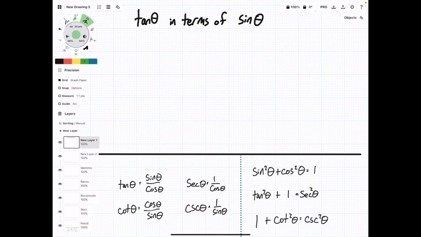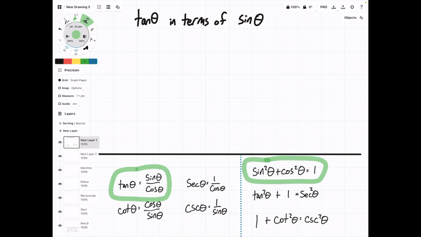To write tangent theta in terms of sine theta, we're going to need this ratio here and this trig identity here. So let's write out the equation for tangent, which is sine theta over cosine theta. And we want all sine thetas, so we need to get cosine theta in terms of sine. So that's where we're going to use this identity. So let's write it out. Sine squared theta plus cosine squared theta equals 1.